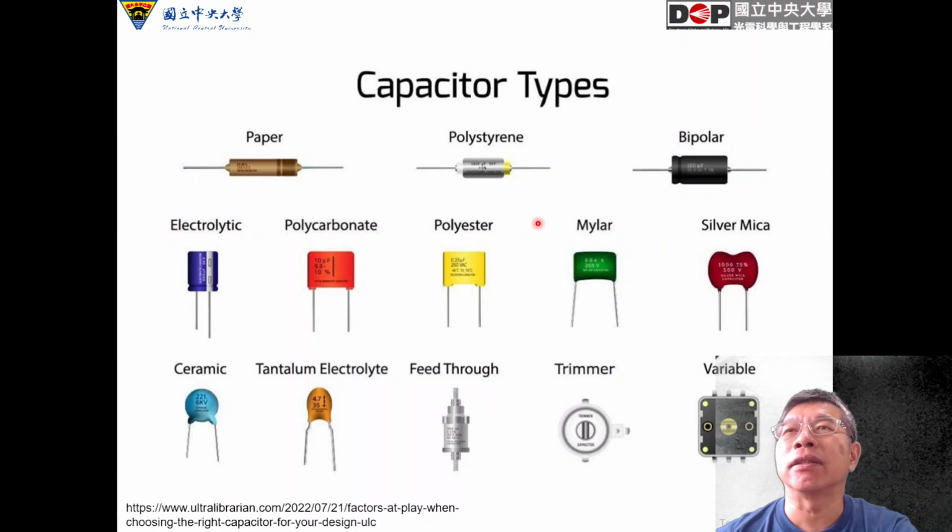Electrolytic is probably the most common one. You'll also see ceramic capacitors and tantalum electrolytic, and others a little bit rarer to see. Oh, Mylar is probably one you see from time to time. Okay, these are the capacitors you can see. All right.